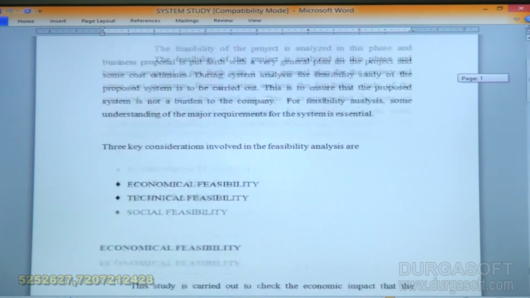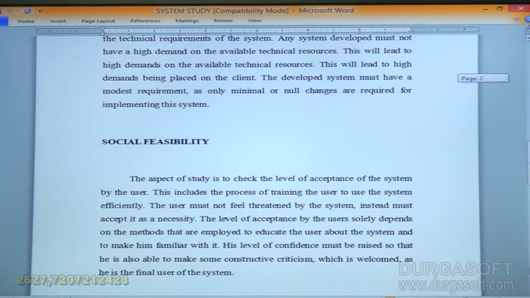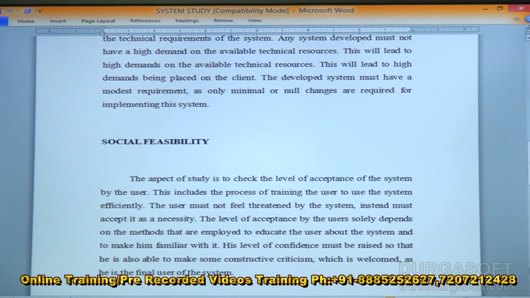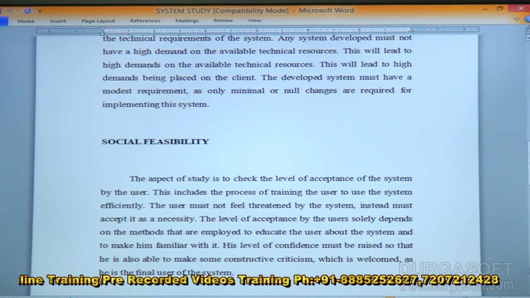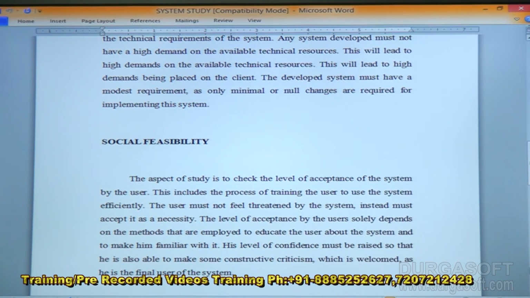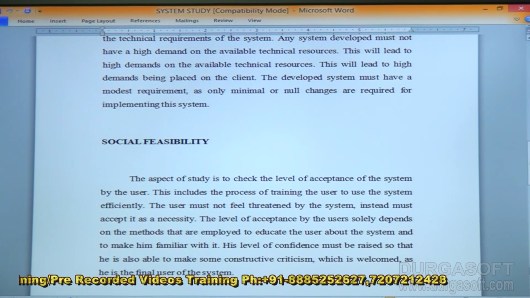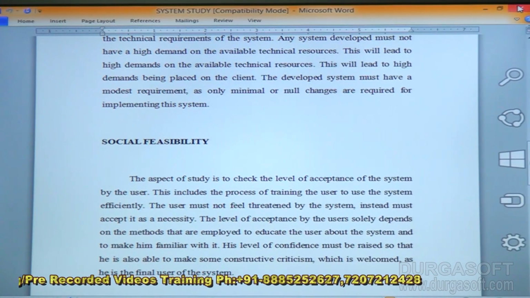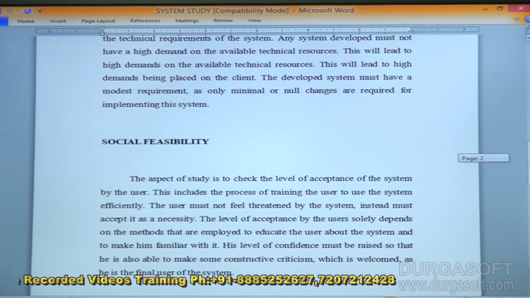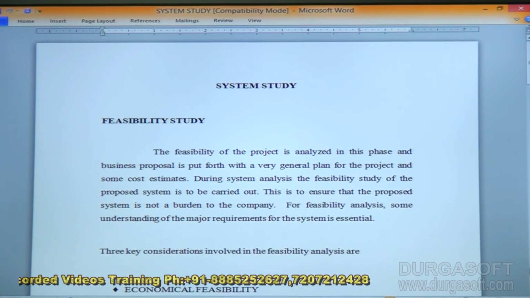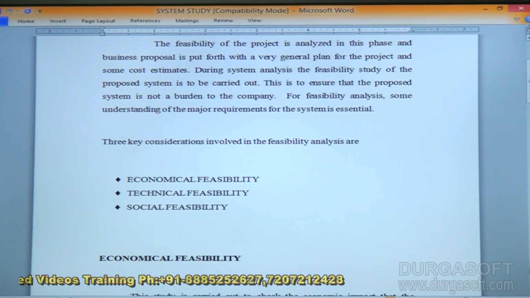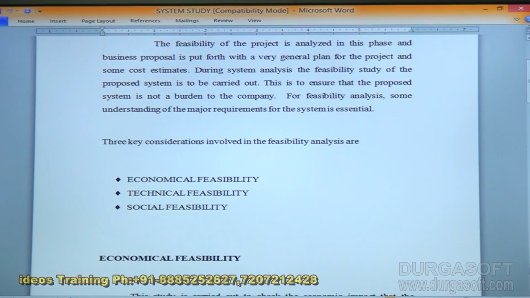Suppose without having the proper requirement from the social networks, if we develop any algorithm or any proposed system, it is a waste. If we have a real requirement, then only can we proceed. So all these things we have to look at and manage in various ways, and find out in the system study. 3 types of feasibilities: economical, technical, social.